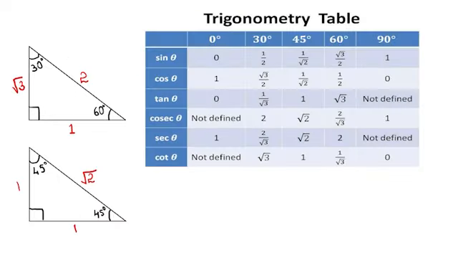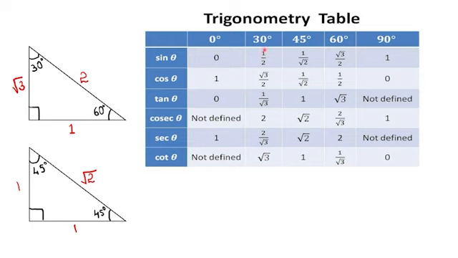Next concept is the trigonometric table. I think most of you are aware of the trigonometric table, and everybody in school or college will recommend that you learn it by heart, from 0 degree to 90 degree. If they ask what is cos 0, you have to tell it is 1, or cos 45 is 1 by root 2, and so on.